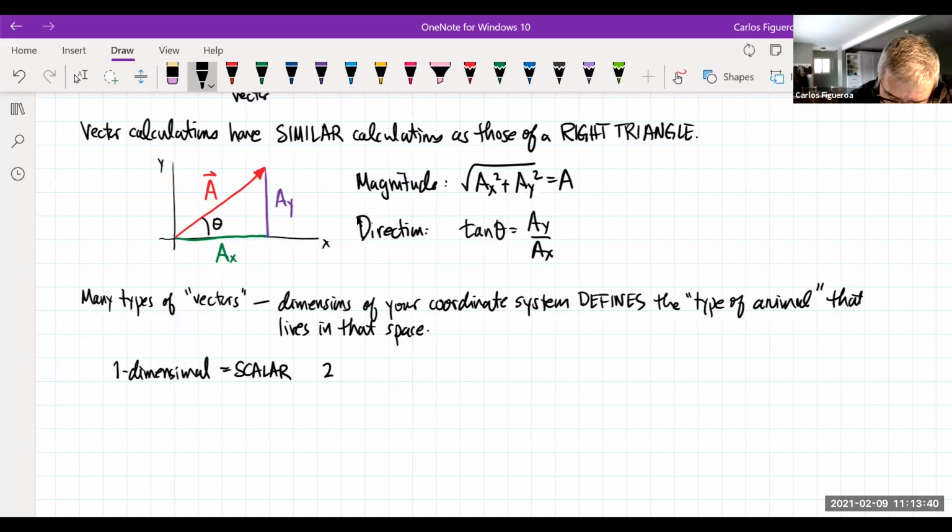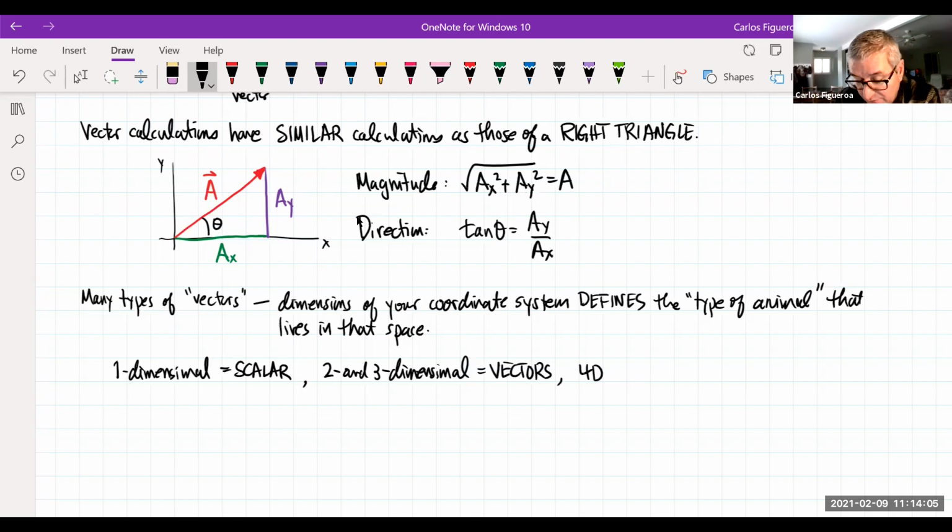In 2 and 3 dimensions, what you're finding here is that's what we call vectors. But we can have 4-dimensional vectors. If I think about a 4D vector, it's not called a 4D vector.